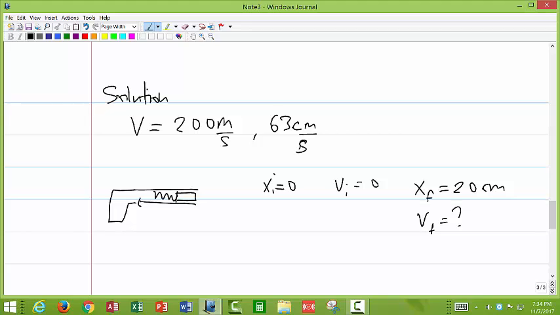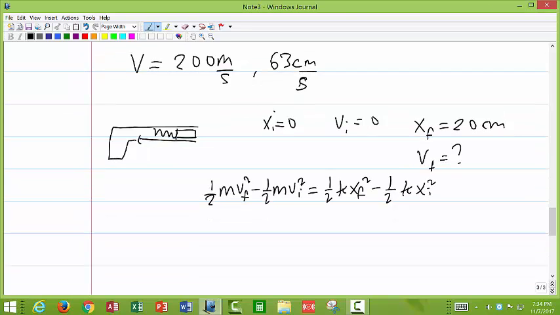Okay, so you can use the formula that I gave you, half m v final squared minus half m v initial squared equals half k x final squared minus half k x initial squared. And you can just eliminate some of these quantities, so we can have half m v final squared equals half k x final squared.